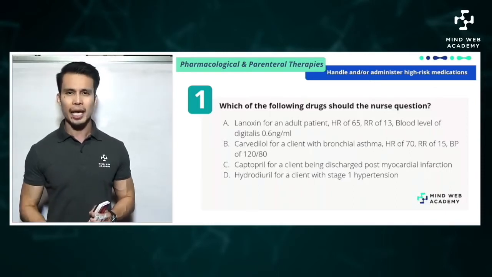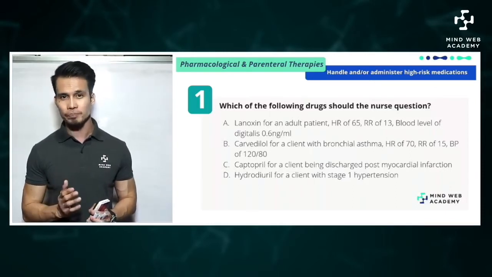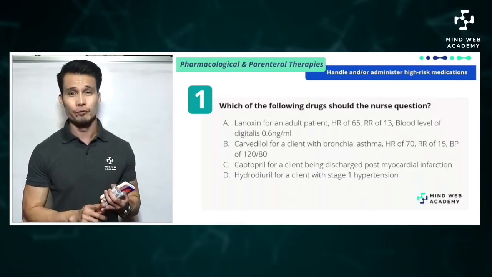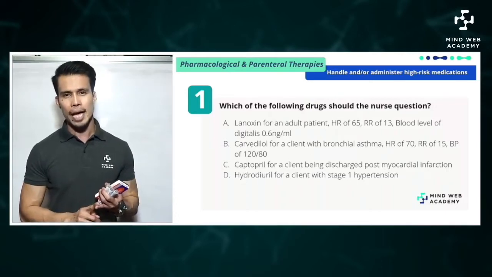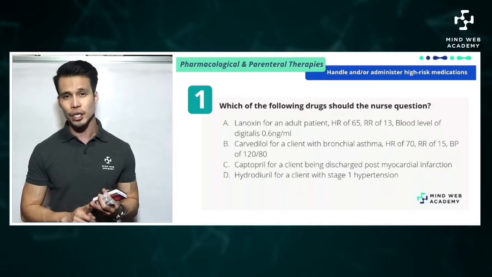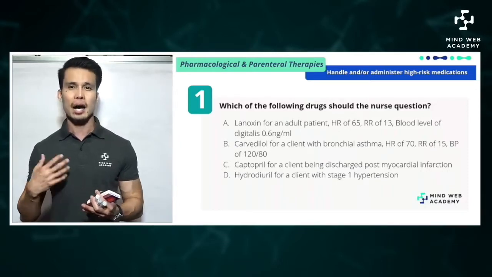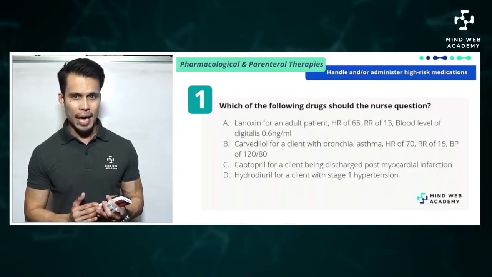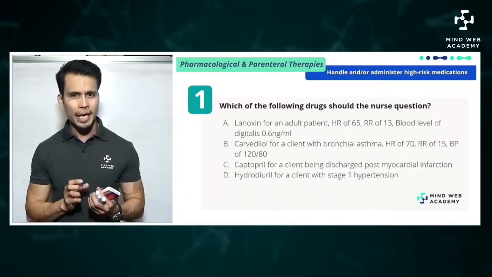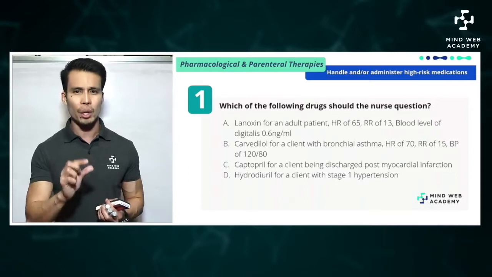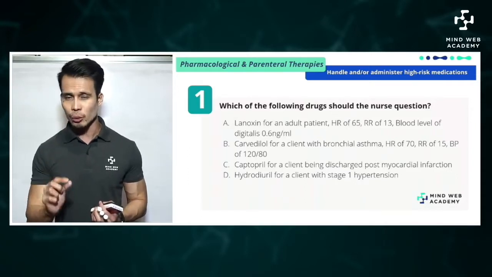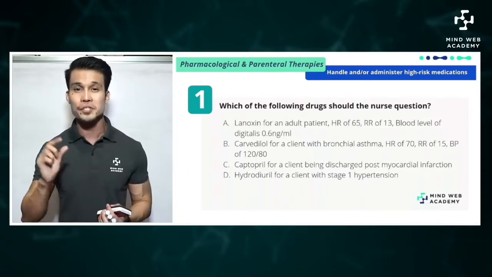When you say high-risk medication, they are potentially harmful for the patient. They have a higher chance of causing harm to the patient. This will also include medication with a narrow therapeutic index or a narrow margin of safety.